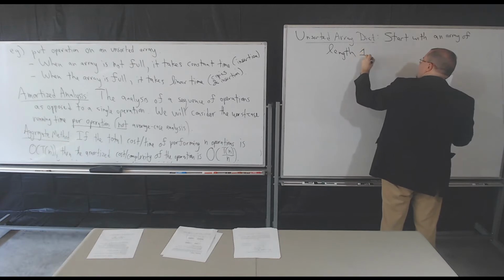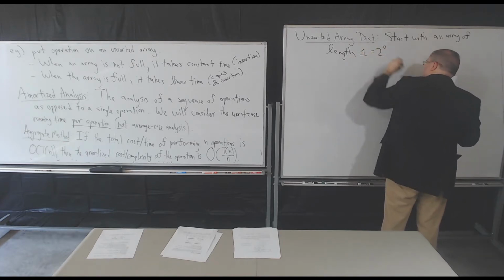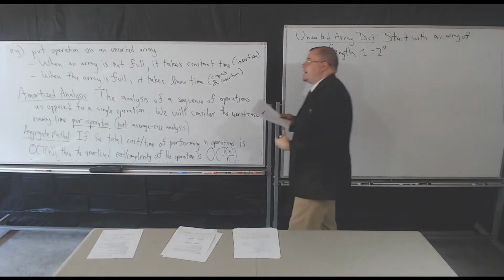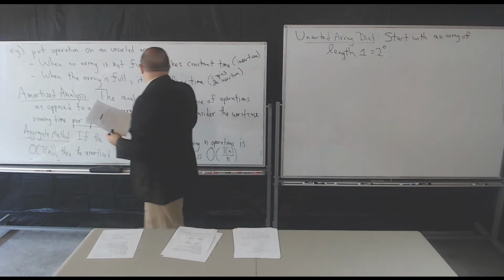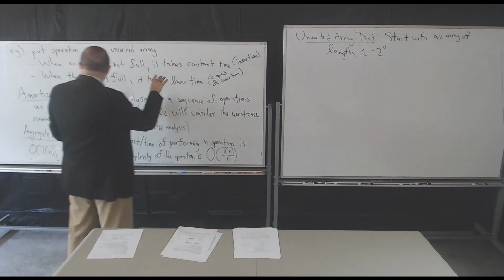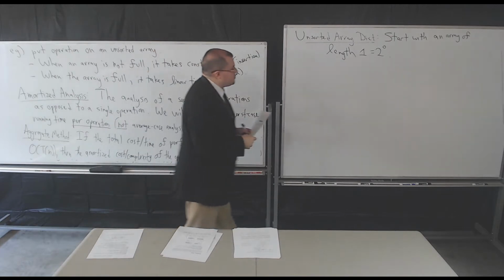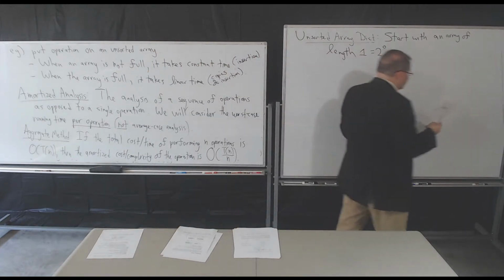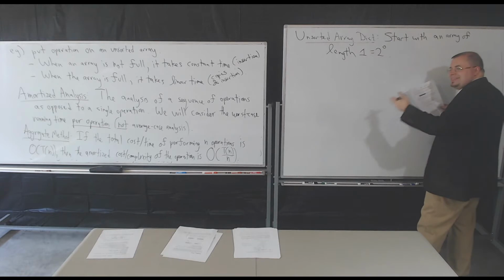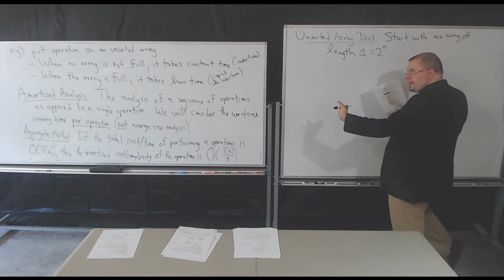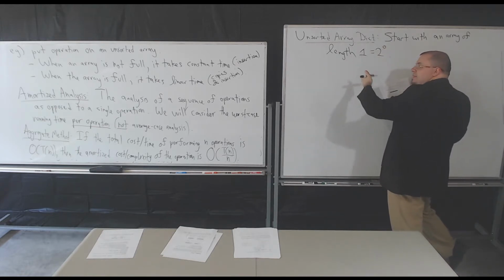Start with an array of length 1, which equals 2 to the power of 0. We're going to be using this doubling technique, the one that we talked about. Here, you would resize the array and perform the copy, then do the insertion. Since it's unsorted, you can see very naturally how you could do this, right? You perform the copies, then put the new element in the next available spot.